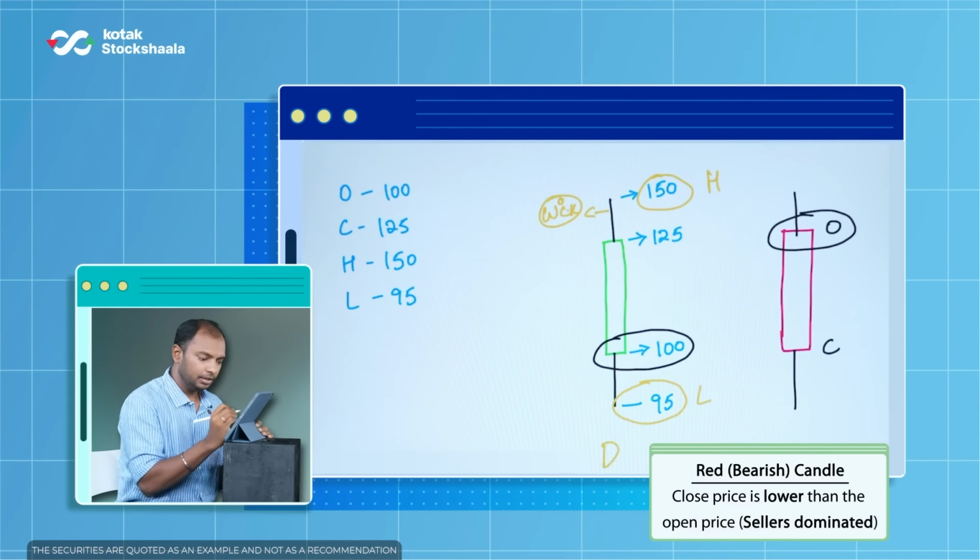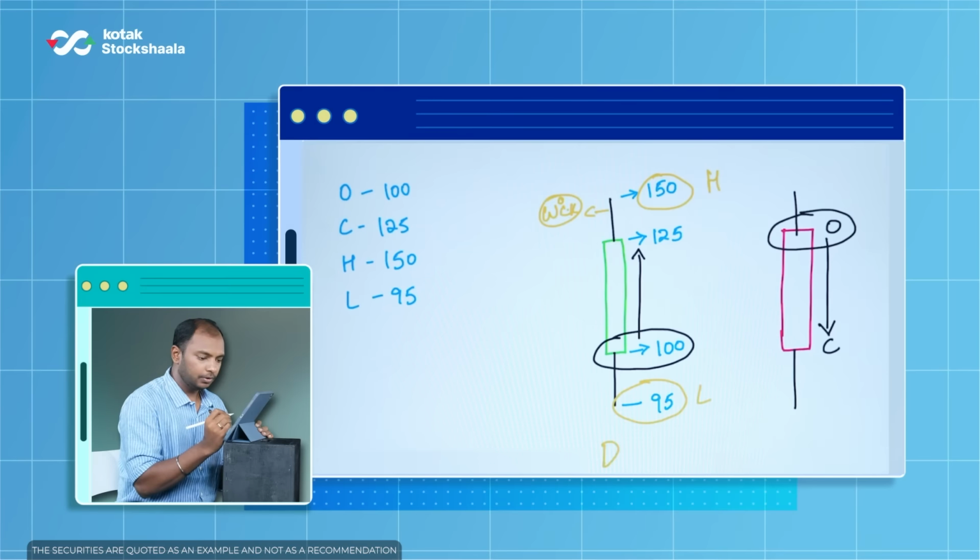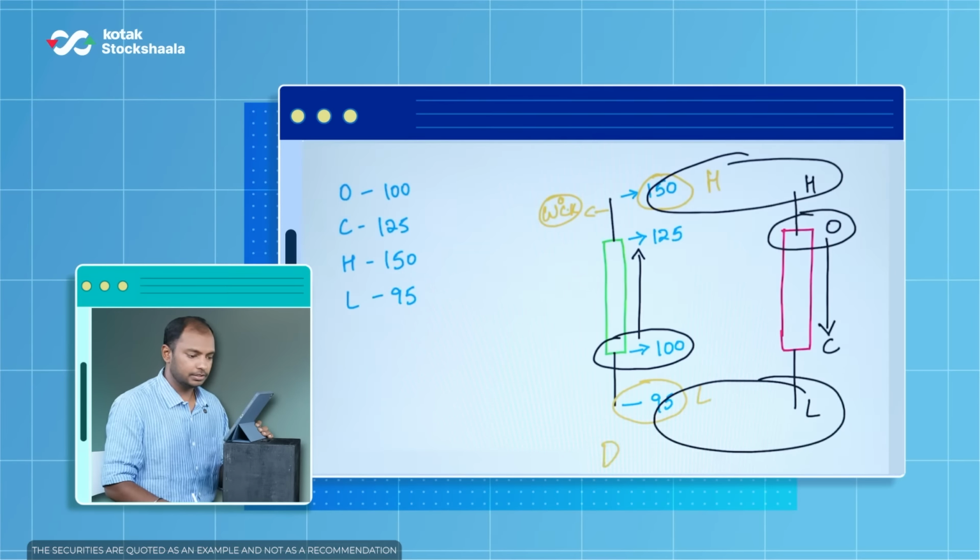The reason being, in a bullish candlestick, the price is ending at a higher level than where it started. In a bearish candlestick, the price is closing lower than where it started. Now coming back to our shadows, the low and the high price will still remain the same for both a bullish candlestick as well as a bearish candlestick.